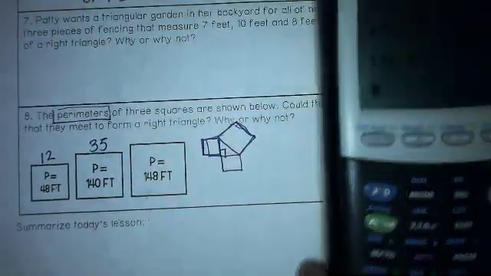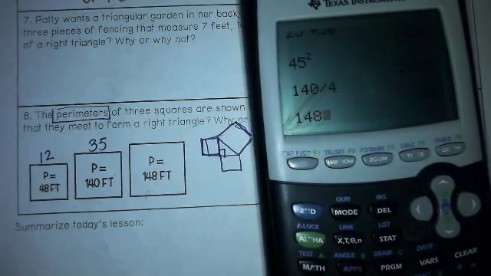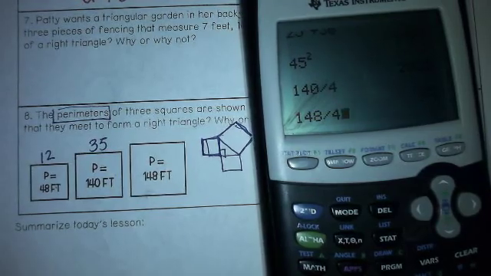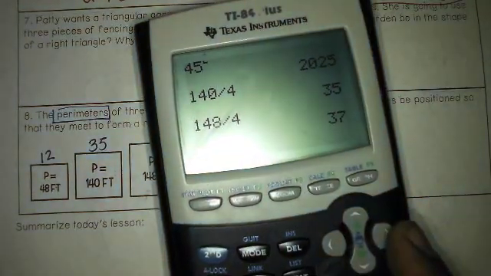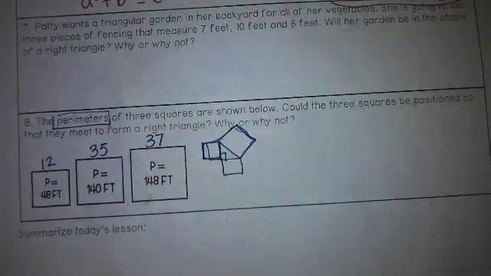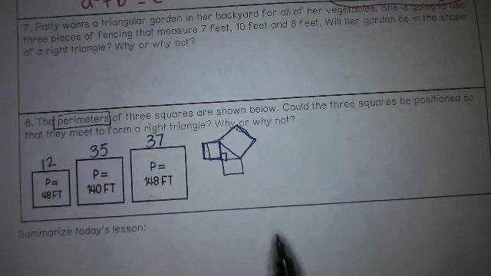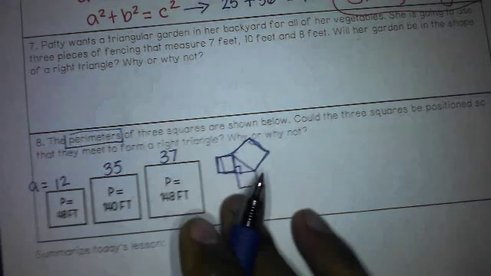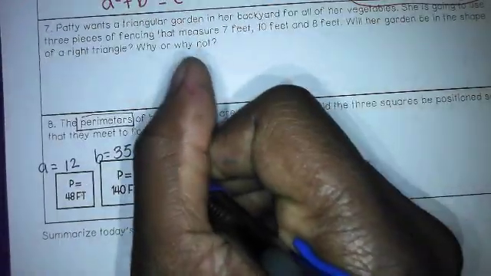So that side is 35. And 148 divided by 4 is 37. Okay? So we have our A, we have our B, and we have our C.